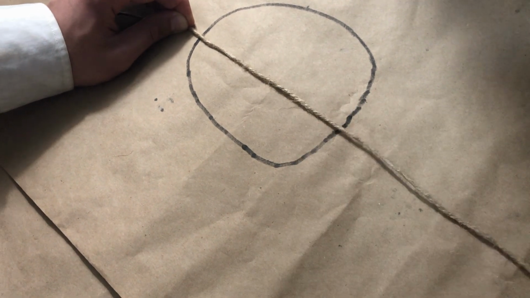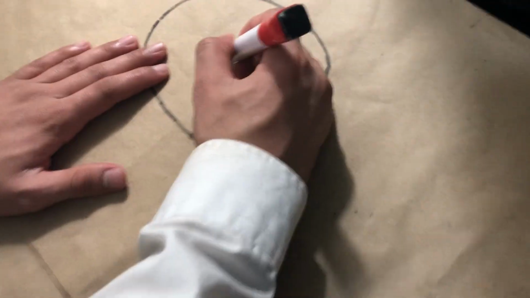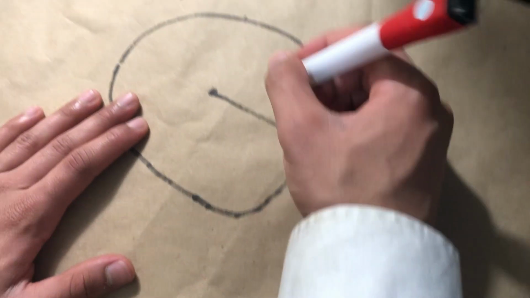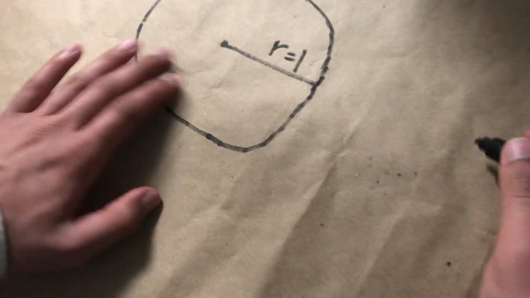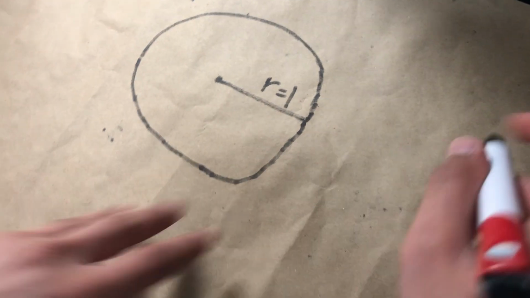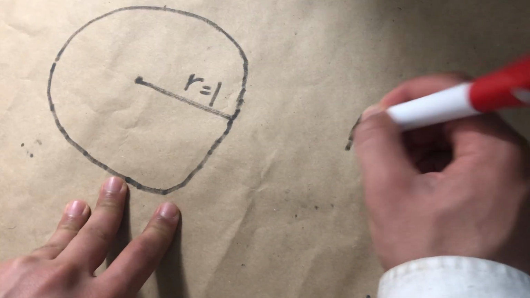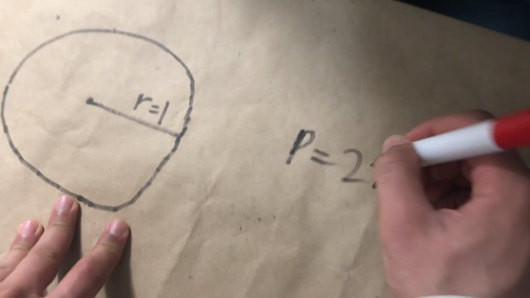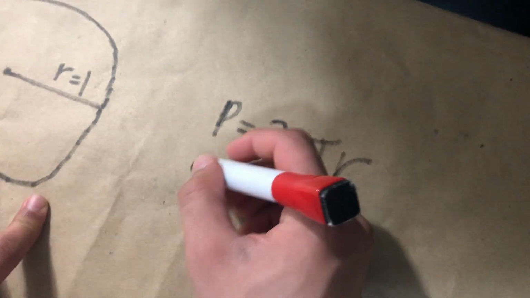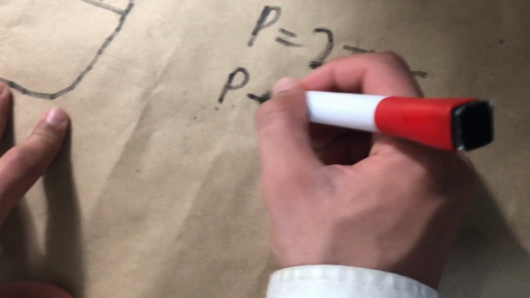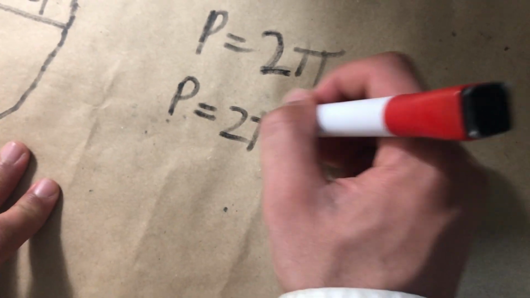So we've got this round circle, which we'll give a radius r of 1. And we're also going to say that it has a perimeter, or circumference, of 2 pi r. Since the radius is 1, we could say it's 2 pi.